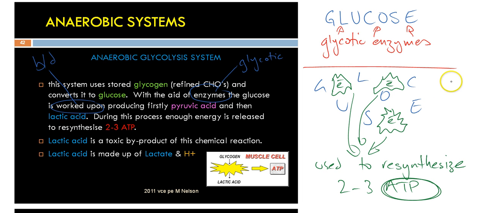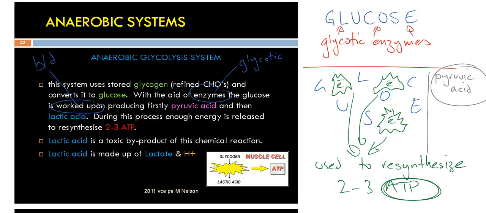Now, we end up having, as a byproduct, pyruvic acid. Pyruvic acid would normally enter the aerobic energy system and is then further broken down to release more energy to resynthesize ATP.